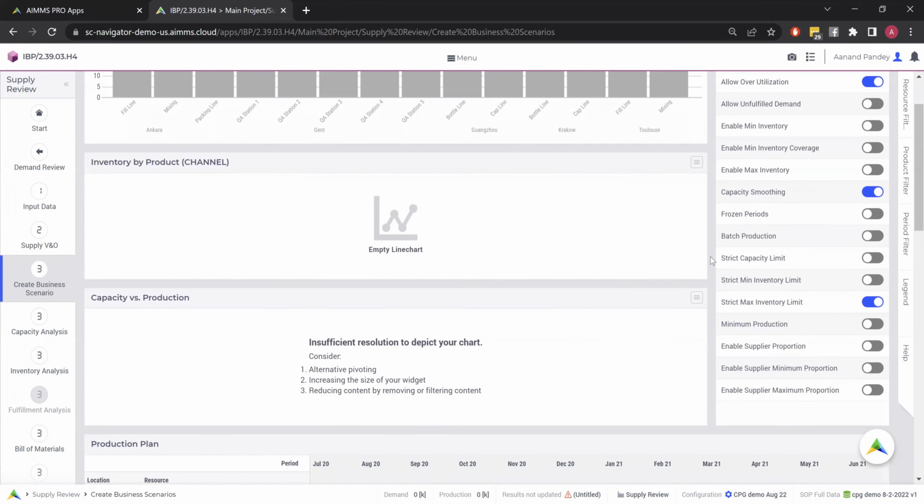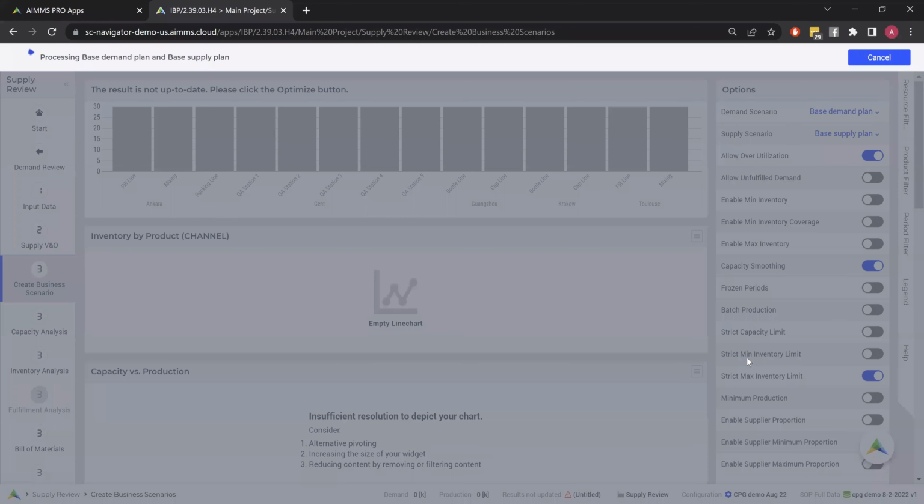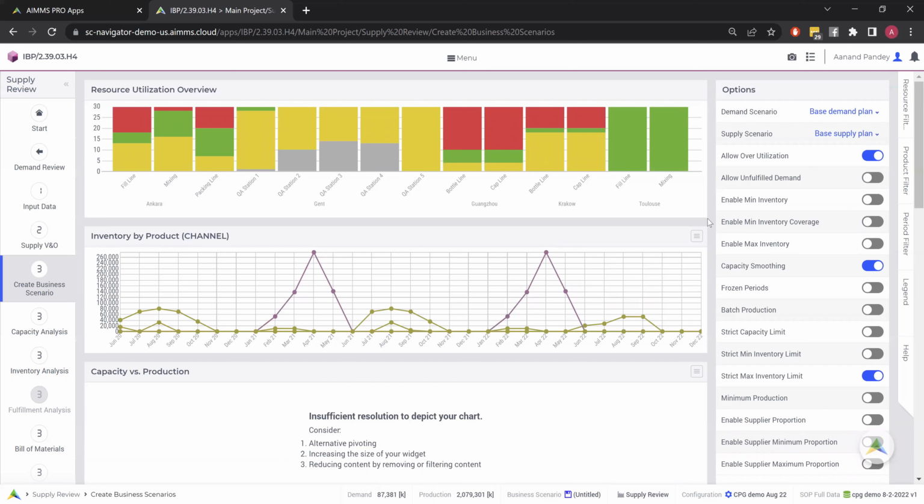So if I go ahead and hit the optimize button, in the background, a solver has been engaged. All the data is stored in a MySQL database, which is also accessed. And on top of that, all of these different relaxing or enforcing of constraints has been taken into account as well. And with that, we reach a certain output or a certain production plan.